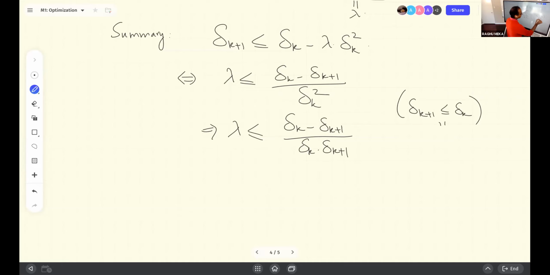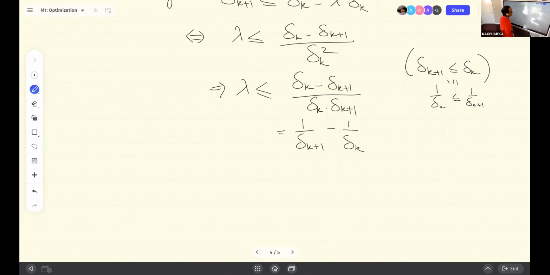So this is equivalent to saying 1 over delta k is less than 1 over delta k plus 1. So in other words, what we are getting is this nice relation between the delta k's: the reciprocals are increasing in some substantial way.